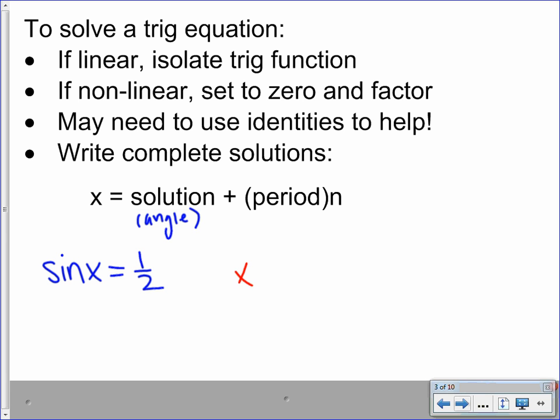So we would write our angle is pi over 6, but it repeats every period. So when you add that plus 2 pi n, if we plug values in for n, we can get different angles: pi over 6, 13 pi over 6, 25 pi over 6.